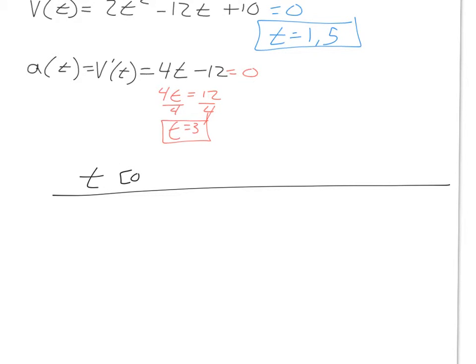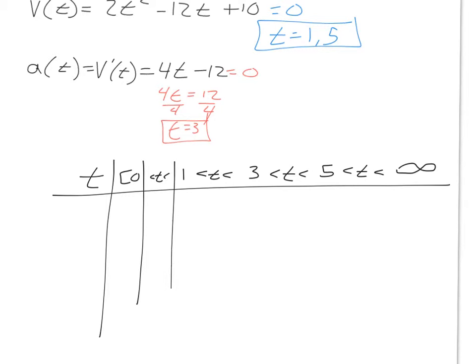I'm starting at 0, and the next critical number I have is 1, and then 3, and then 5. I didn't get any other critical values, so I'm going to go up to positive infinity. And then I'm going to look at the values in between all these critical numbers, and make my chart accordingly.